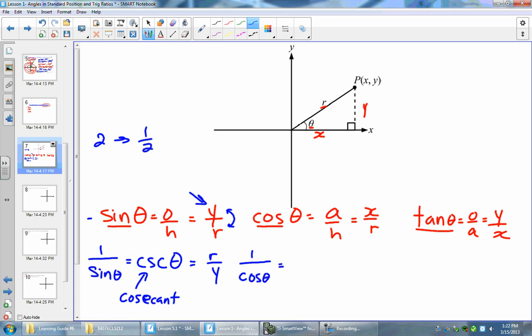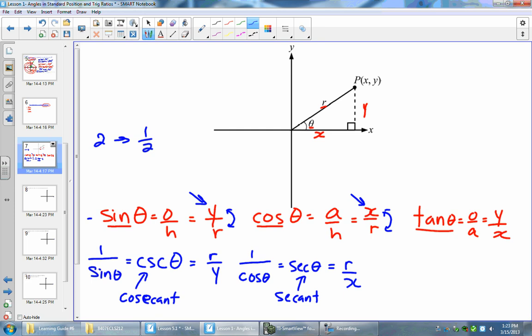But instead of saying 1 over cos theta, we consider it as the secant of theta. So the SEC stands for secant. And that's the reciprocal of a cosine function. So that's going to be equal to this ratio, but flipped. Okay, so r over x is going to be your secant ratio.